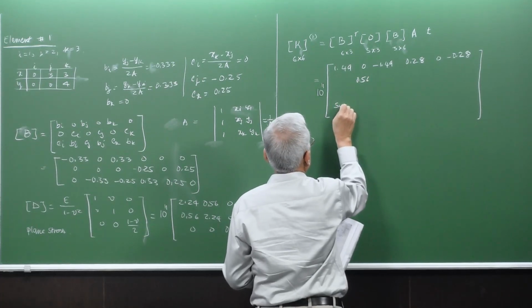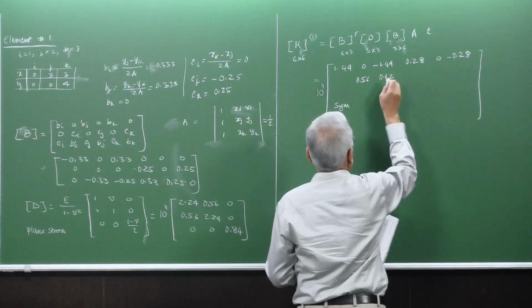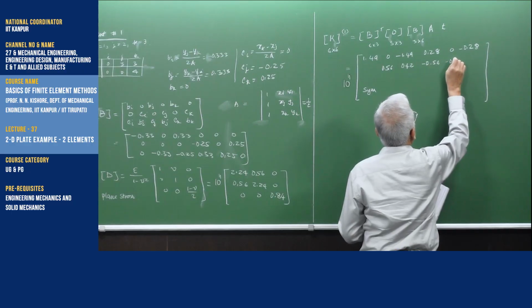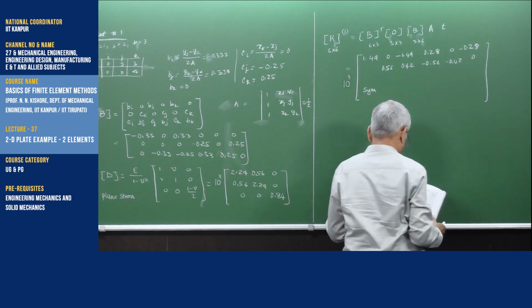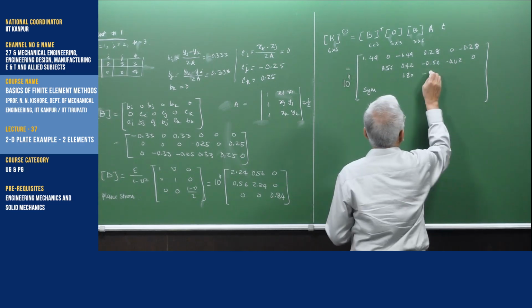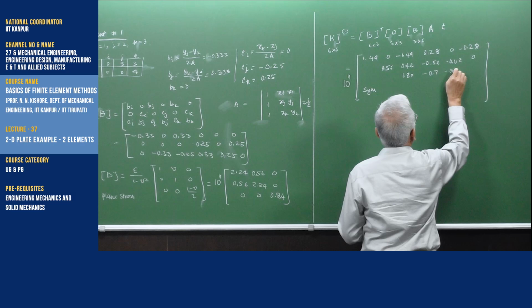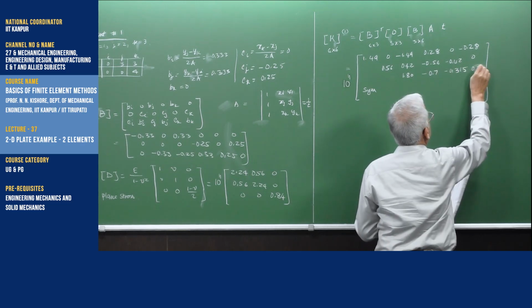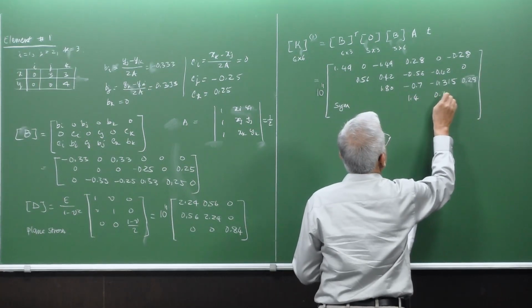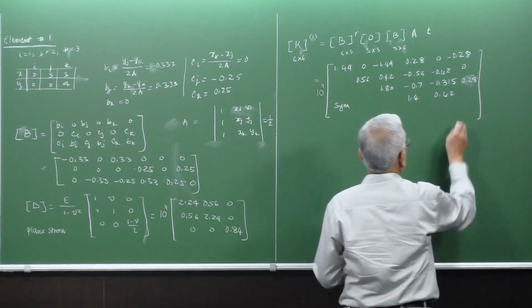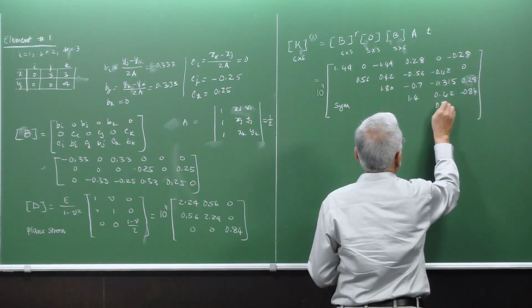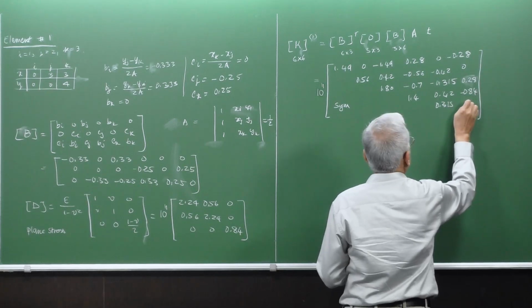This is symmetric. 0.42 minus 0.56 minus 0.420, 1.80 minus 0.7 minus 0.315, 1.4, 0.42 minus 0.84, 0.315, 0.